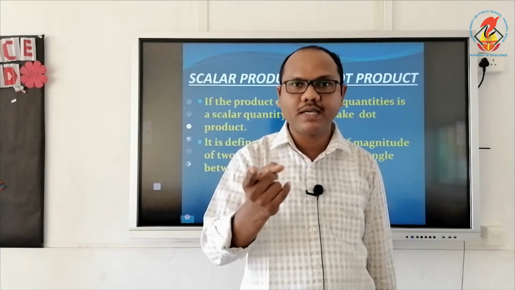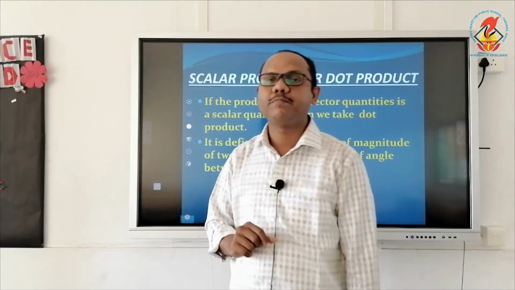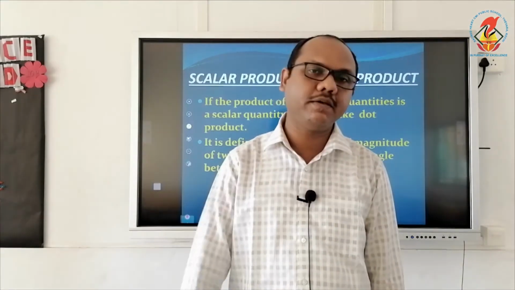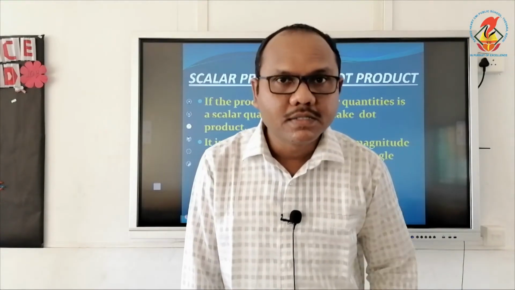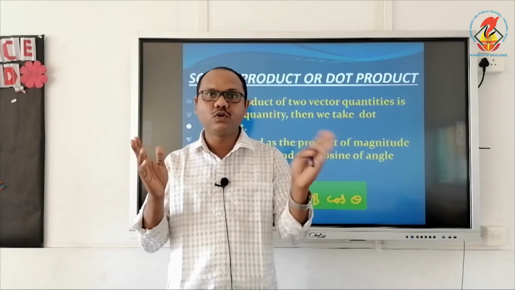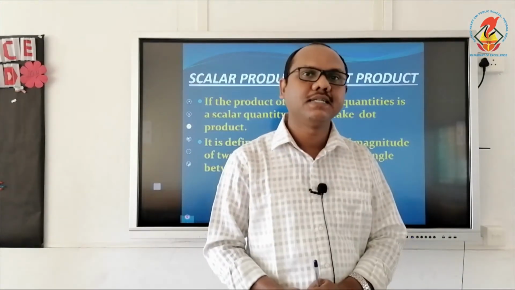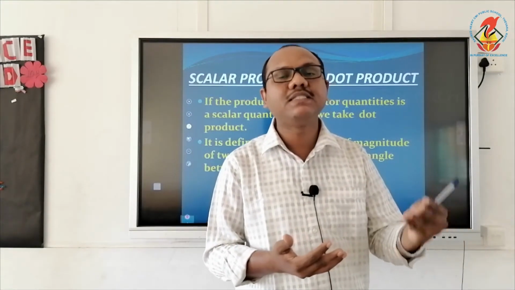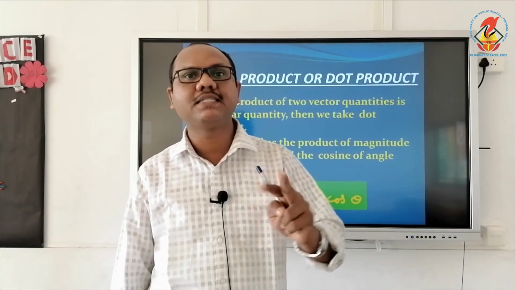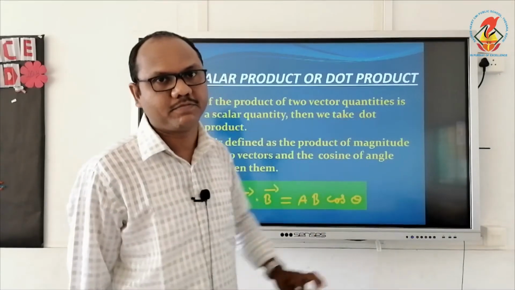Force is a vector quantity, displacement is also a vector quantity, but work is a scalar quantity. So if the product of two vector quantities is a scalar quantity, then we will go for dot product.